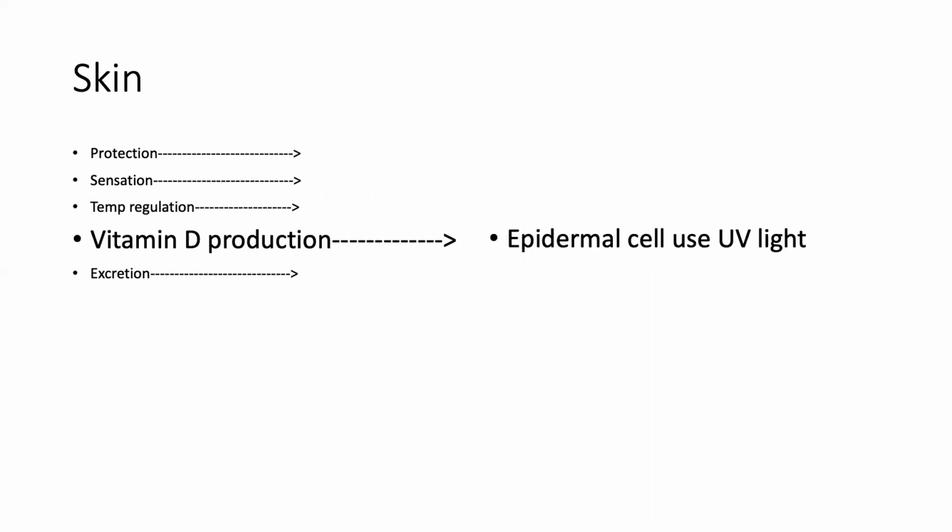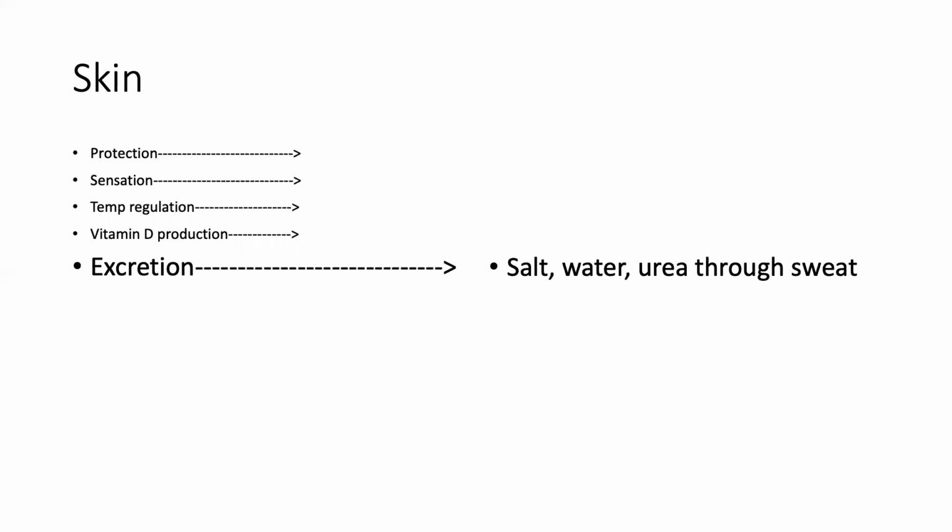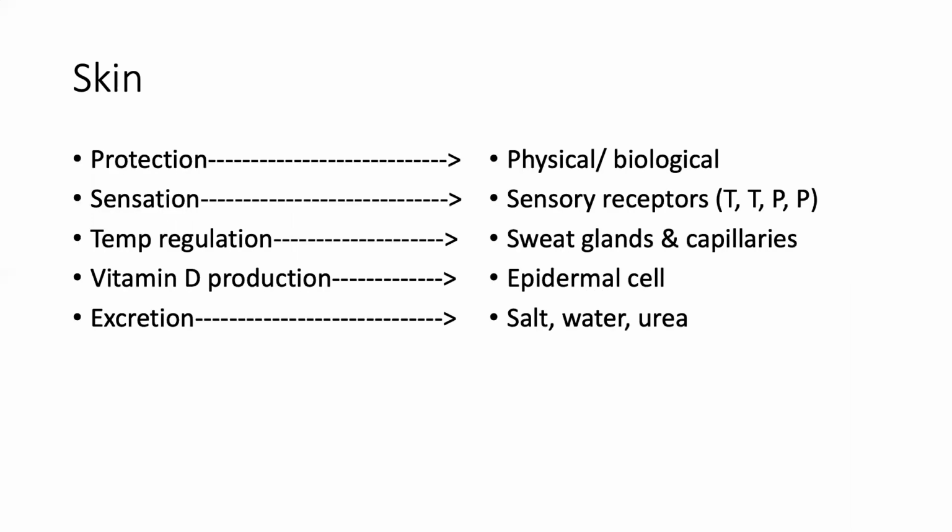Epidermis cells use ultraviolet light to produce vitamin D, and we have a lot of sweat glands, and sweat includes salt, water, urea, and therefore skin has a secretory function. So this is the combination of what the skin does for us.